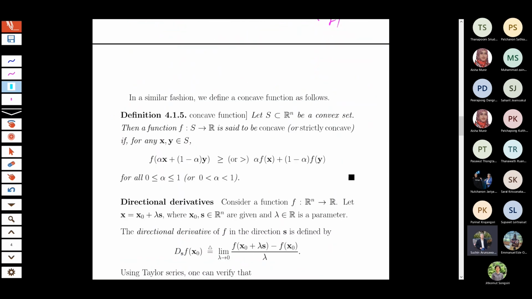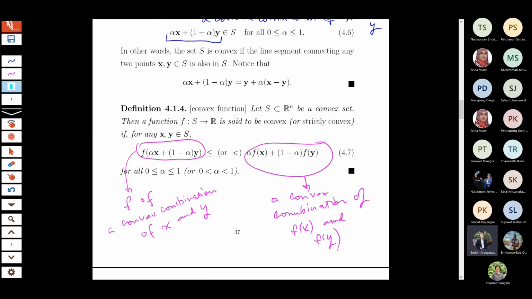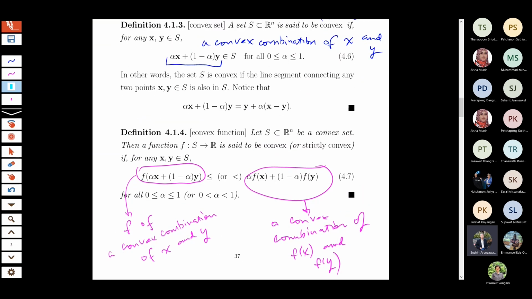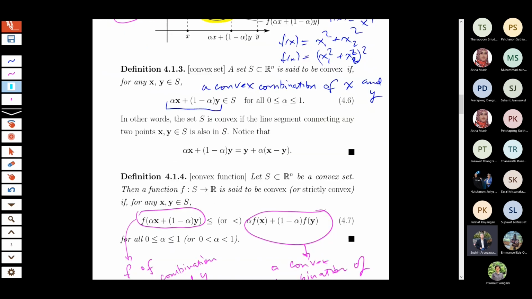Okay, and in a similar fashion, we can define a concave function. We skip it because here we are interested in the minimization problem. In minimization, the function we are interested in is a convex function, whereas in maximization, the counterpart is the concave function.